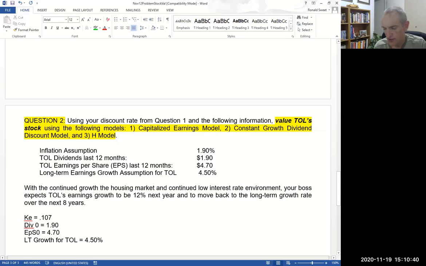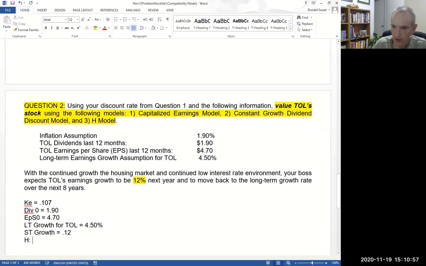Be careful on this. This just happens to be the same as what I used in question 1, but it doesn't always have to be. Short-term growth, you can see that right here, 12%. So 0.12, and then the H, you can see that right here, next 8 years.